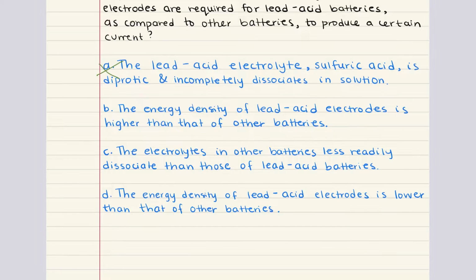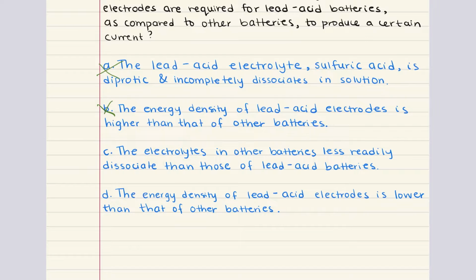What about B? B says the energy density of lead-acid electrodes is higher than that of other batteries. This is incorrect. The energy density of lead-acid batteries is actually lower than that of many other types of batteries. So B is also incorrect.